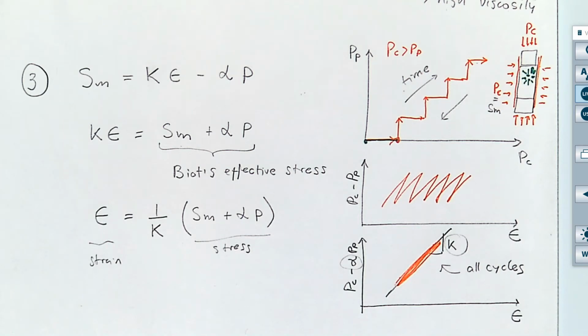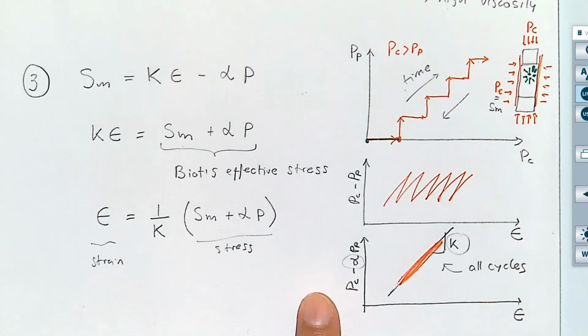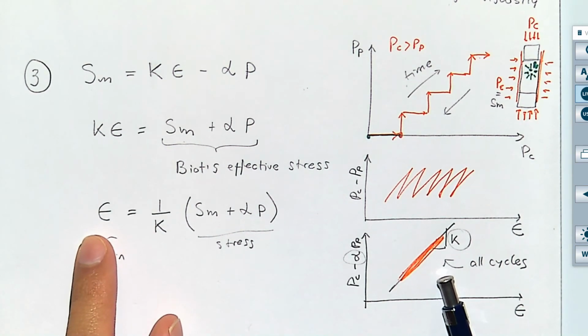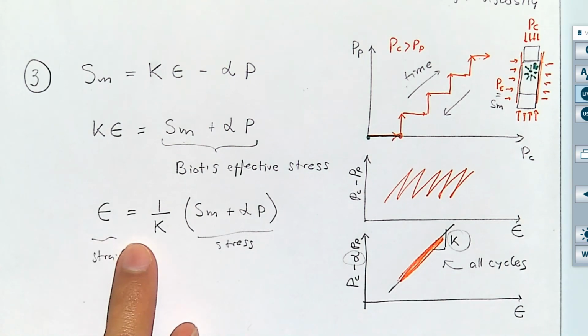So just feel free to do whatever you want, but I like changing it manually. Just change the value, see how strain changes as a function of effective stress, and the value for which there is less change and all points collapse in a line. That's the value of alpha, because that's the one that shows the true relationship between volumetric strain and Biot effective stress.